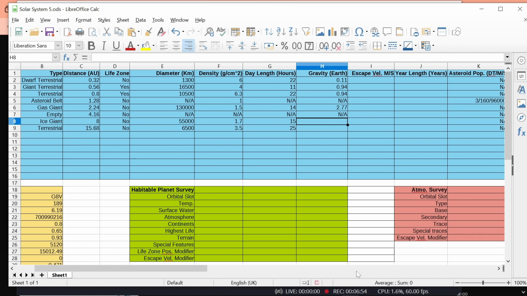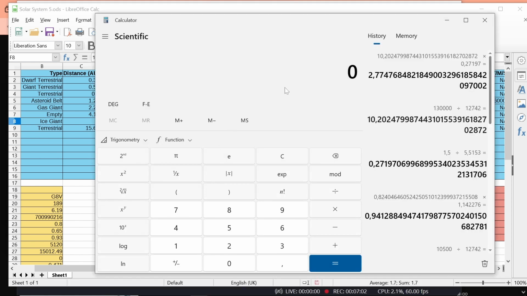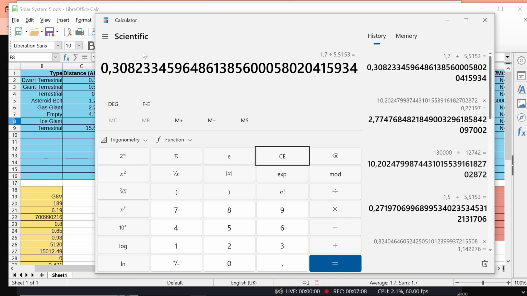Ice giant, we have 55,000 for the diameter, 1.7 for the density. So we start with the density, 1.7 divided by 5.5153, 0.308.